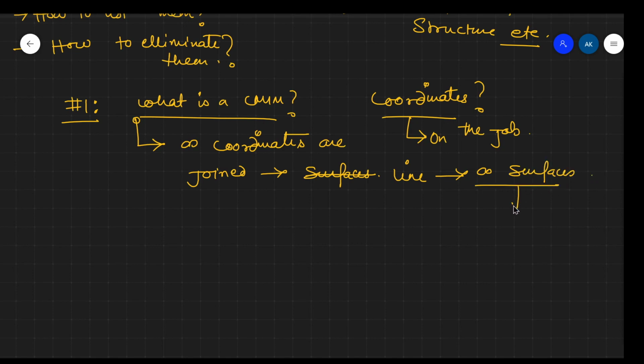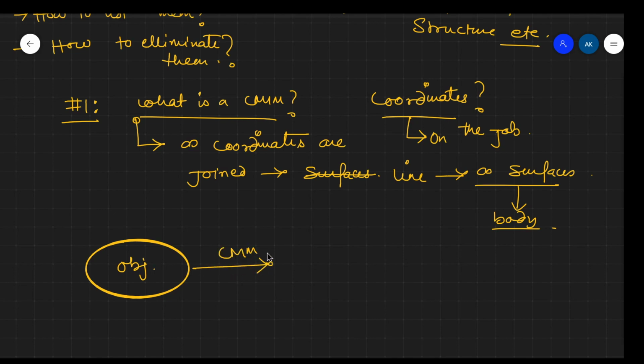When infinite surfaces are joined, then you get a body. So, in fact, a CMM is a machine which will give you the final geometry of the object. This is the object. You use a CMM to get its geometry. This geometry will be 3D, not 2D.